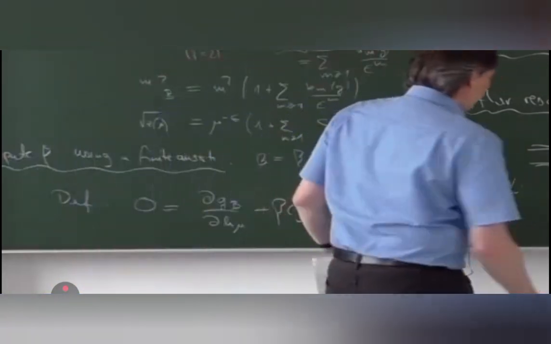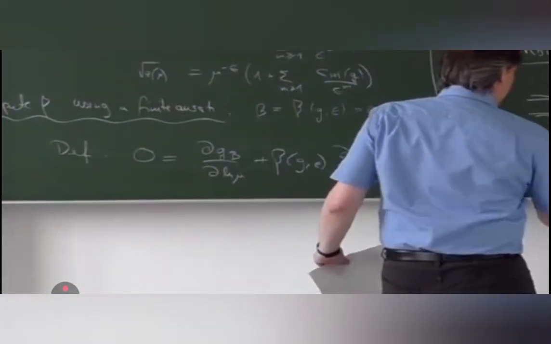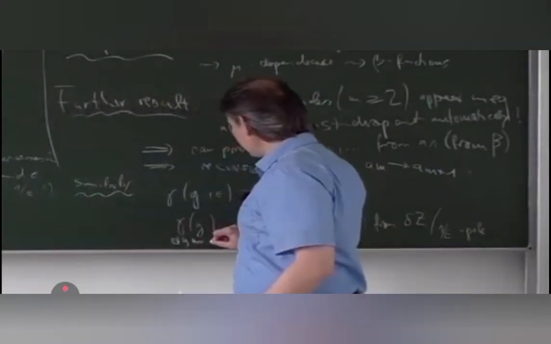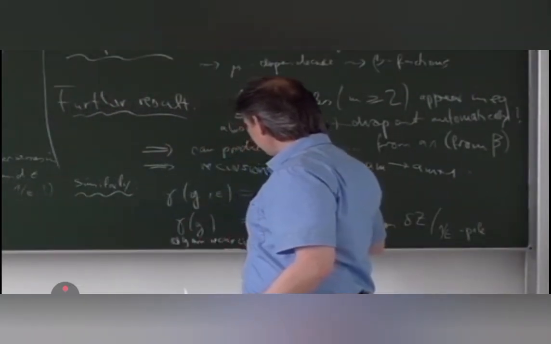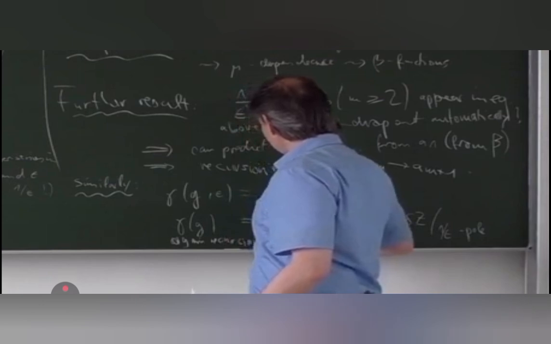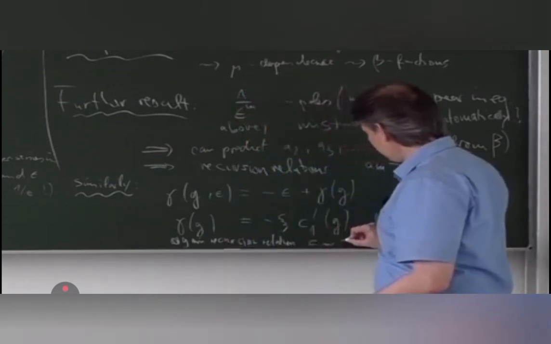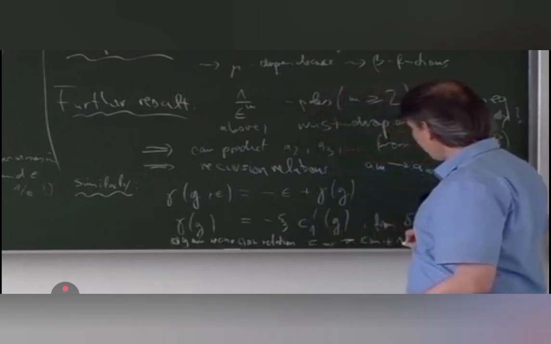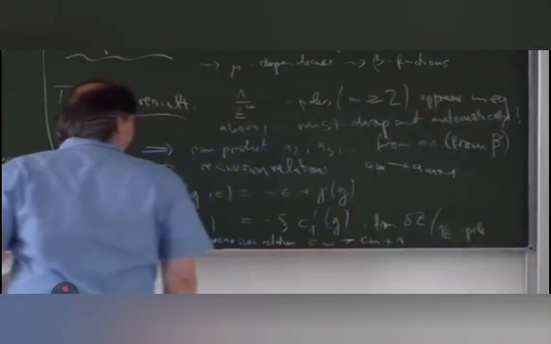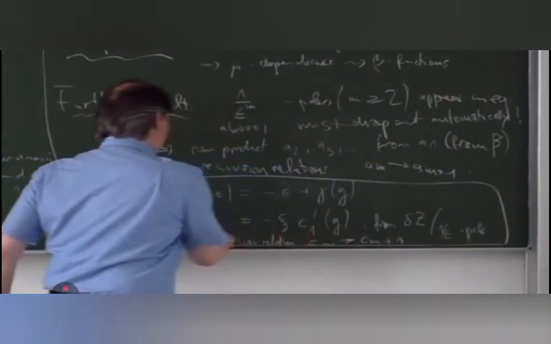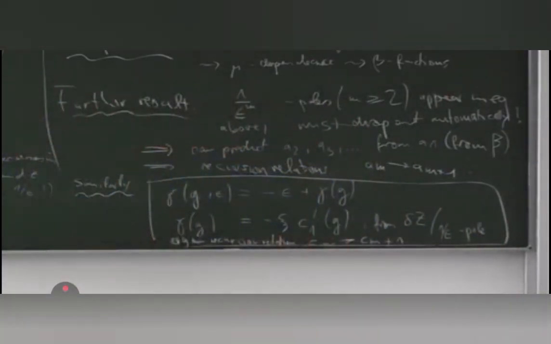And again, also for the gamma function, there would be a recursion relation: Cm predicts Cm plus 1. And similarly for the mass, but there I will not write down anything because it is obviously too similar. And we had it in the exercise anyway.